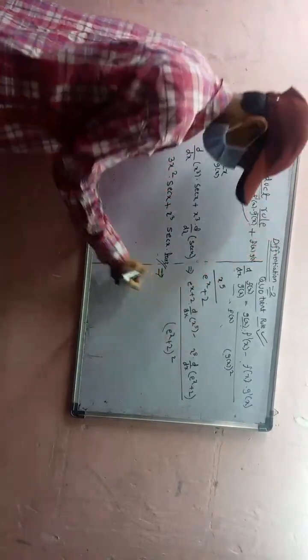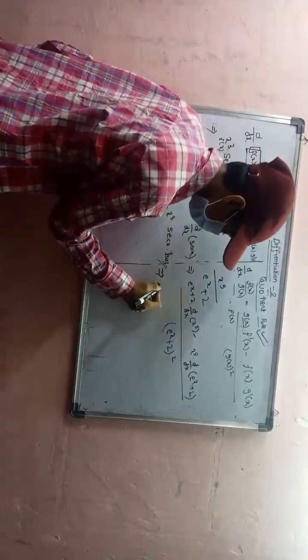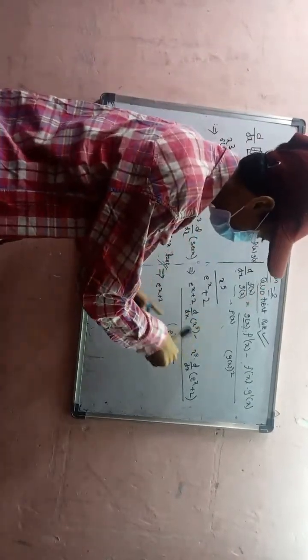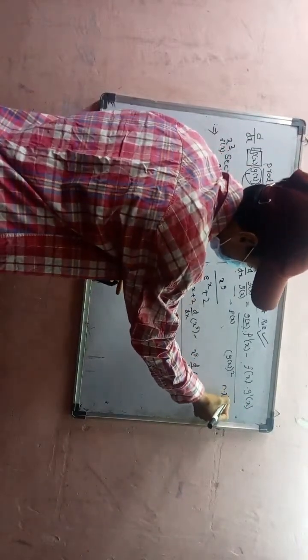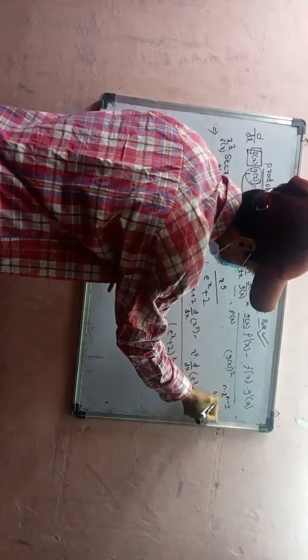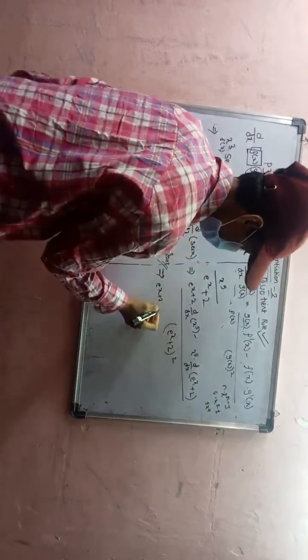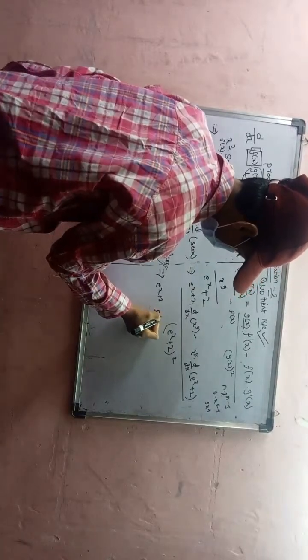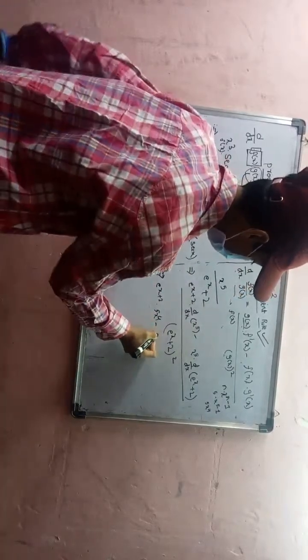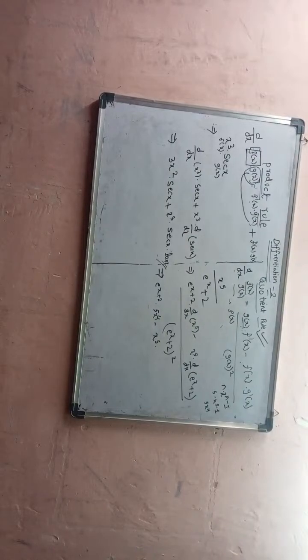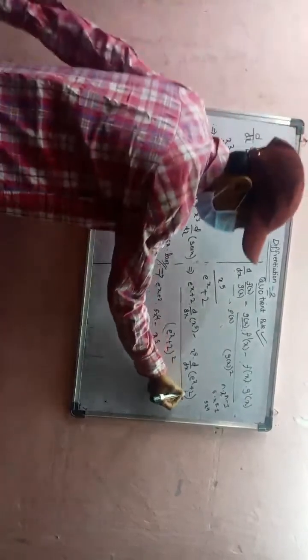Okay, now let us simplify this. We will get e power x plus 2 into d by dx of x power 5. X power n gives n into x power n minus 1, so 5 into x power 5 minus 1, you will get 5x power 4. So you write 5x power 4 minus x power 5 into d by dx of e power x plus 2. Here 2 is a constant.